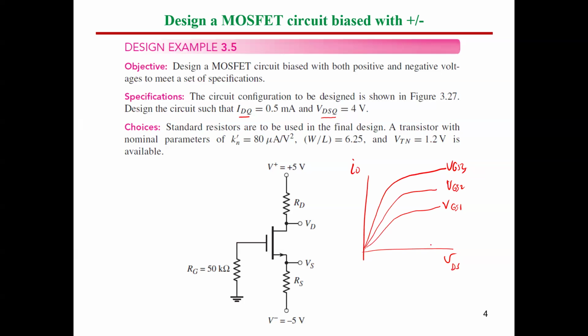Most probably, the value of ID and VDS will intersect one of the curves. So I'm gonna say this is the value of IDQ, and VDSQ. So this is the Q point. So even if you don't have this characteristic in the data sheet, you can estimate the characteristic here like that.